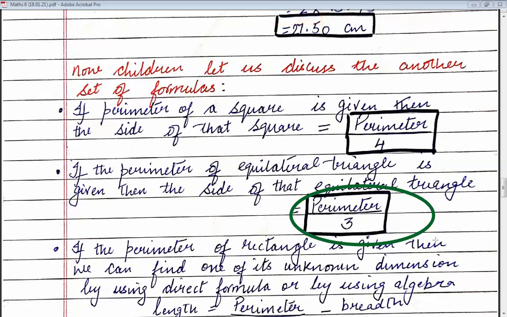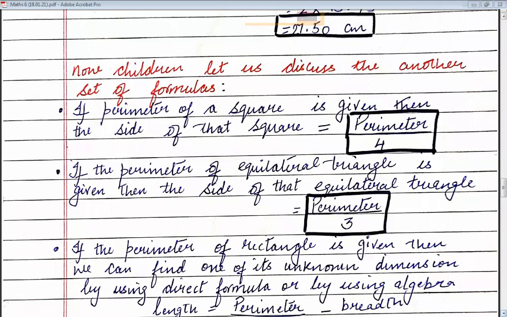When you divide a given perimeter by 3, you will get the side of the equilateral triangle. Okay, students, for a square, you have to divide by 4, and to find the side of an equilateral triangle, you have to divide the perimeter by 3. Now children, let's discuss the rectangle also.